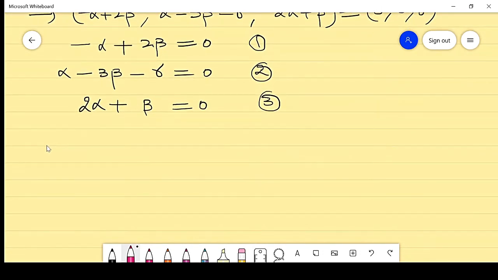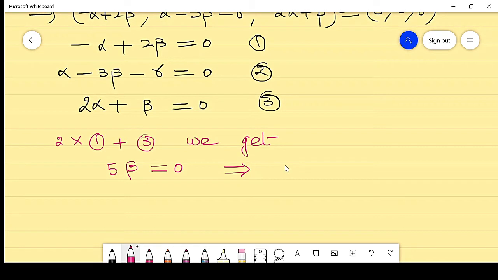Multiply equation number 1 by 2, then add it to equation number 3. So we get minus 2 alpha plus 4 beta equal to 0, and when we add this, we get 5 beta equal to 0. So it implies beta equal to 0.